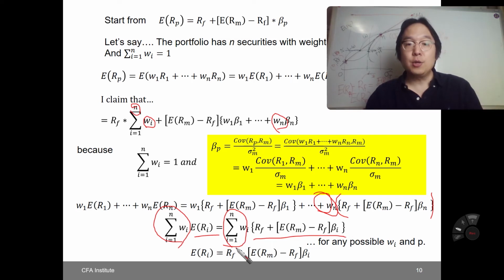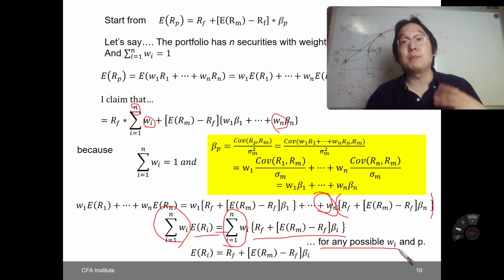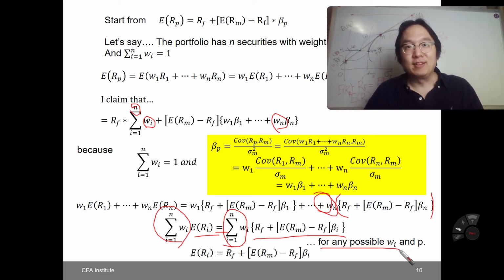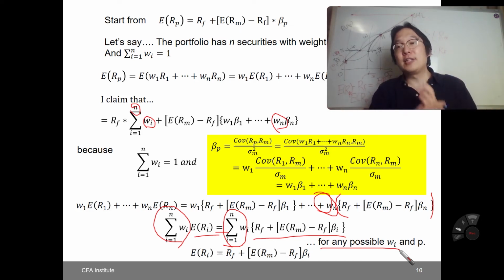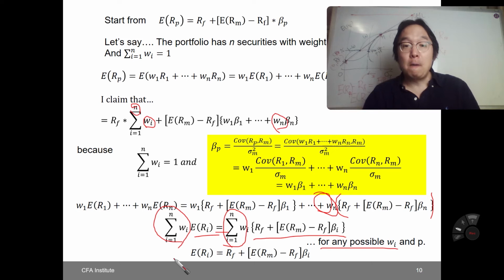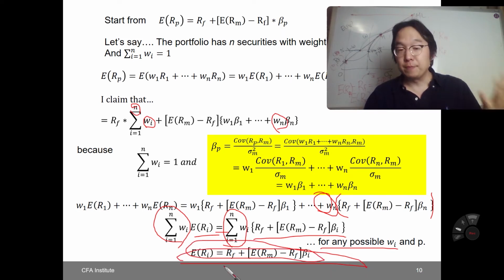So this should hold for any possible weight and any possible portfolios. So for that to be achieved, one thing that should hold is that for any i, expected return has to be the same as RF plus this whole ugly term over there.